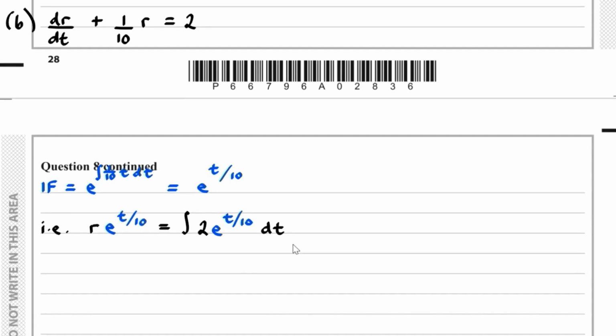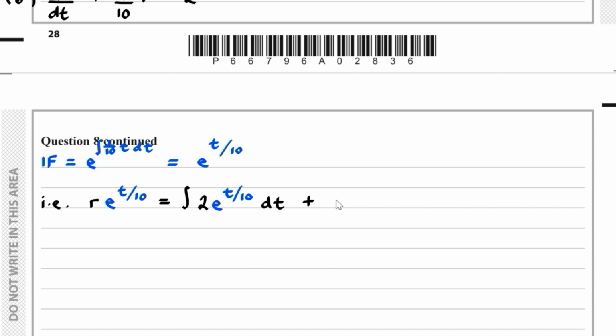So if we integrate this, our solution, we've got r e to the power of t over 10 equals 20e to the power of t over 10 plus c.